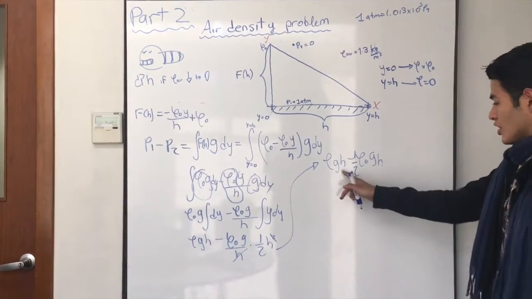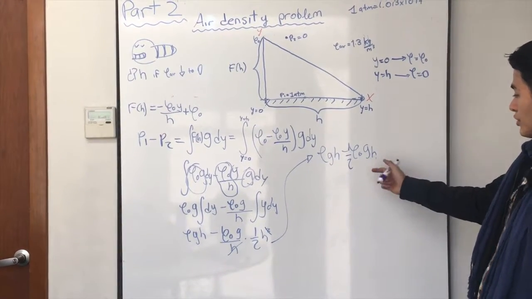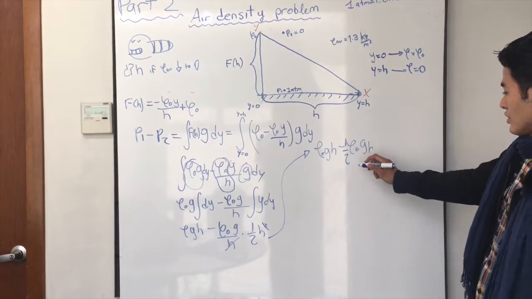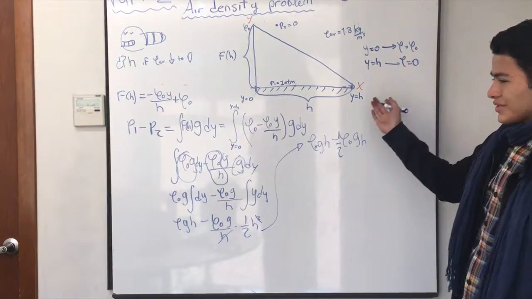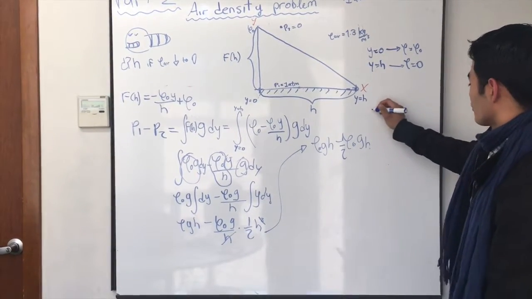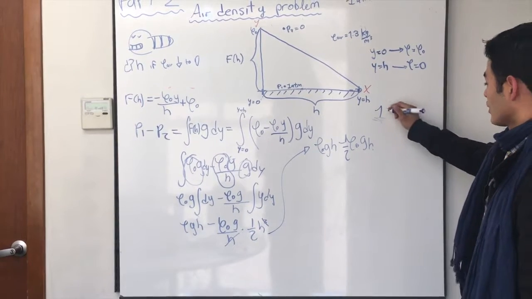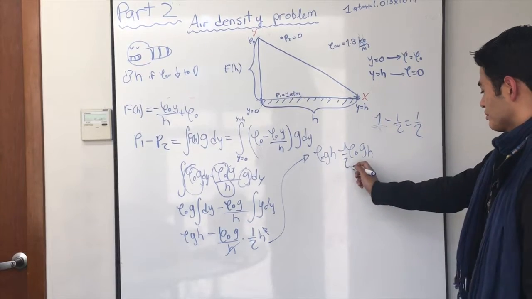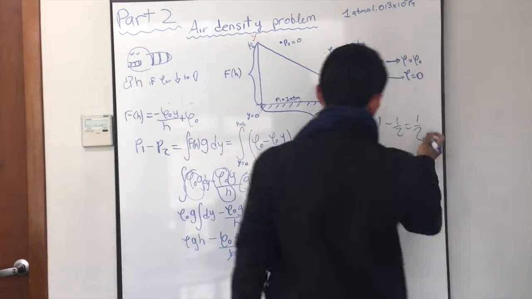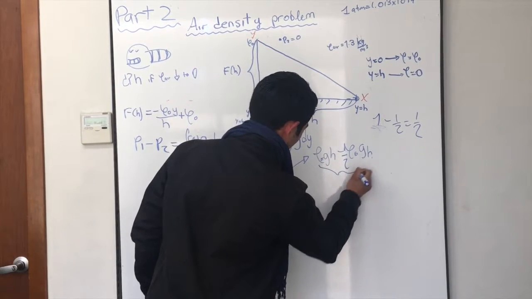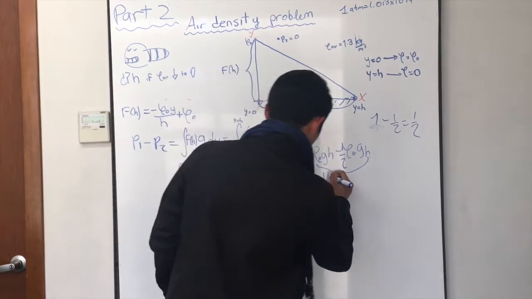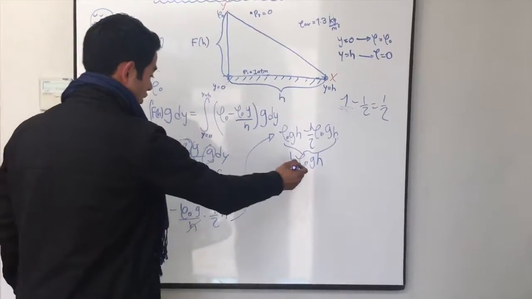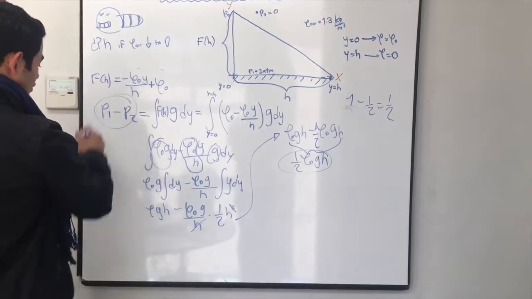And as you can see, we have the same terms, but we have this 1/2 that is subtracting. And well, let's say that 1 minus 1/2 is 1/2, and well, we can say that all this is 1/2 of the initial density times gravity times the height, and well, all this is equal to this.